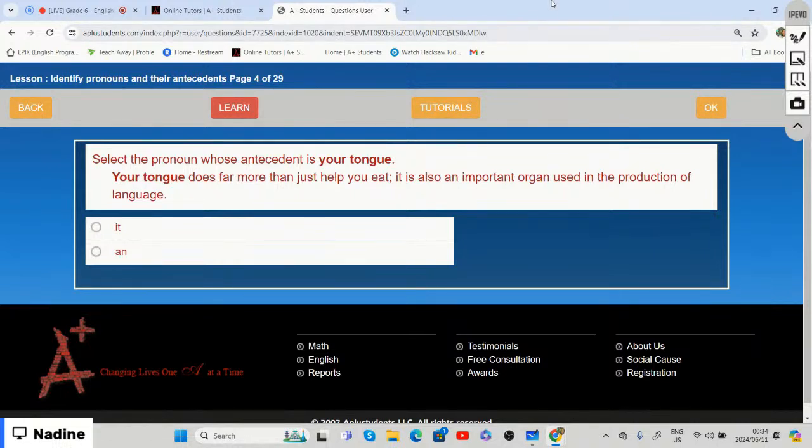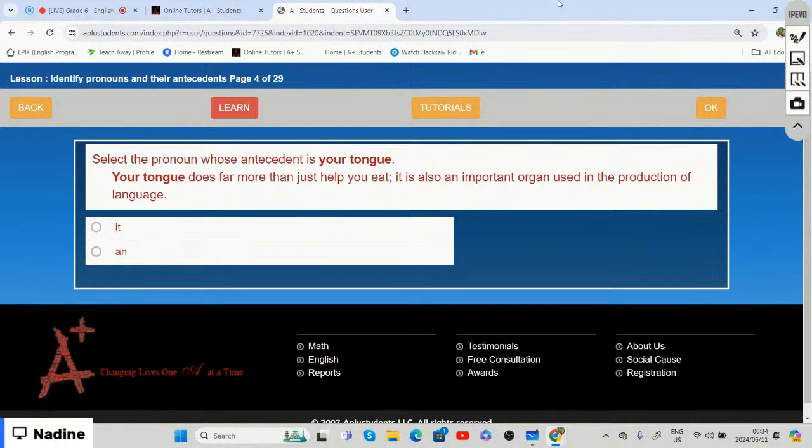Just look at some of the people whose tongue is cut off. Then they cannot speak, right? There is nothing that comes out. So our tongue is a very important organ used in the production of language, speech.